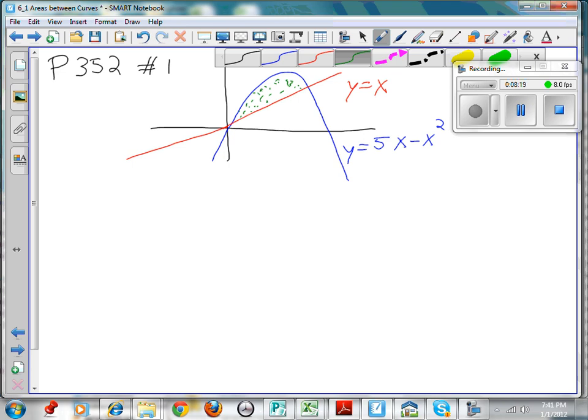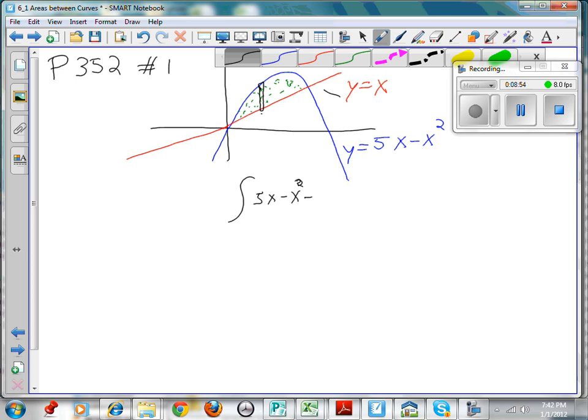Okay, so what do I want to do here? It's probably not a bad idea to draw a little rectangle here, just to make sure you understand. When I draw that rectangle, that's my little differential area. And I'm going to integrate the top curve, which is just going to be 5x minus x squared, minus the bottom curve, which is just x.